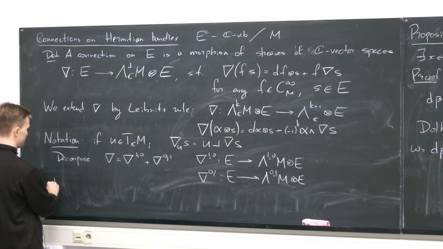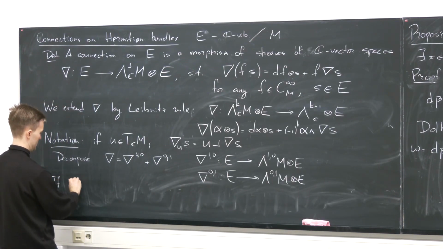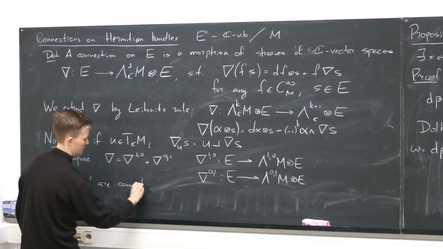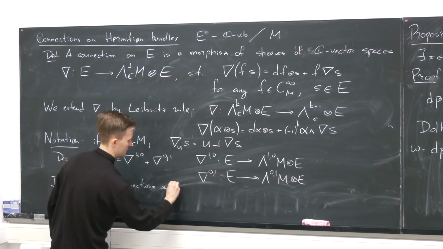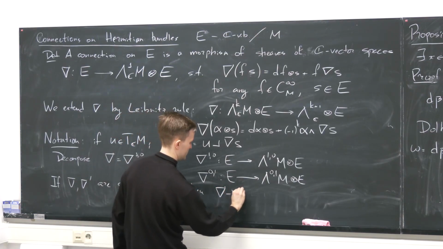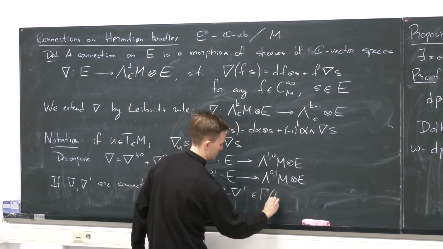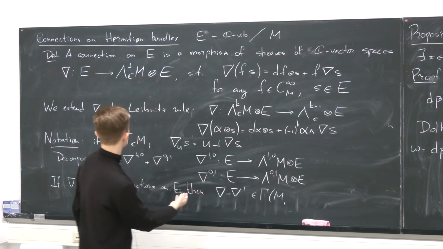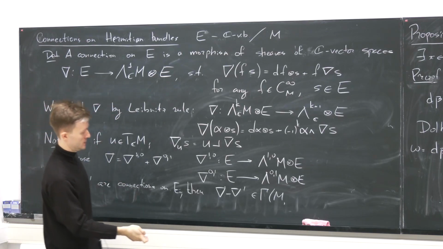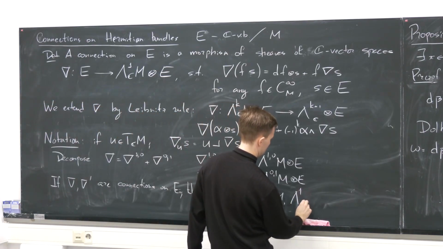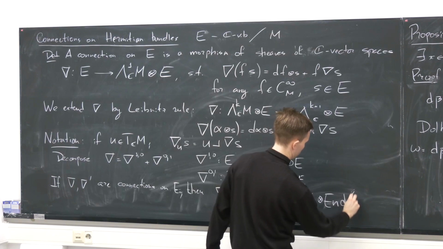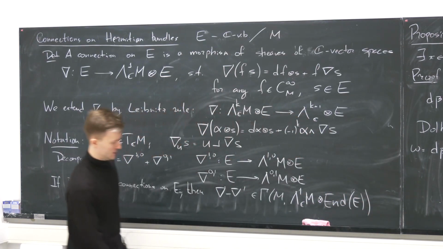And the conclusion is that if nabla and nabla prime are connections on E, then the difference is a global section of the sheaf of morphisms of vector bundles from E to Lambda^1 tensor E, or you may say that it's just a one form with values in the endomorphisms of E. That's the same thing.